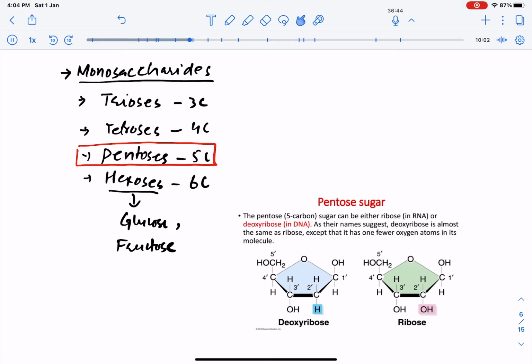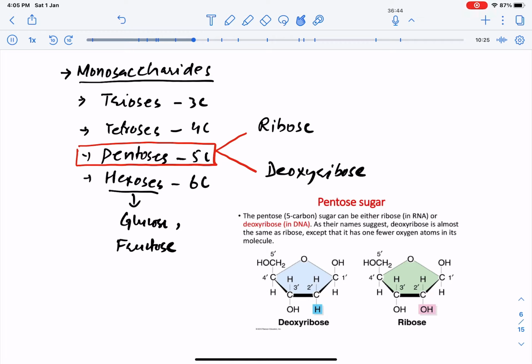There are two types of pentoses. One is ribose and the other is deoxyribose.